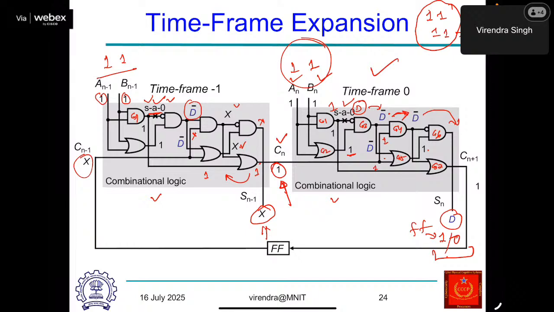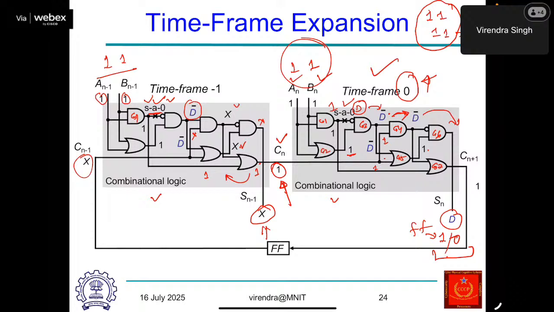So let's say that here I'm starting from this copy of the circuit that I call time frame 0, wherein you are exciting the fault and trying to propagate it to the primary output. Unfortunately, the fault effect may or may not be propagated to the primary output. In the best case, assume that it can propagate to the primary output.